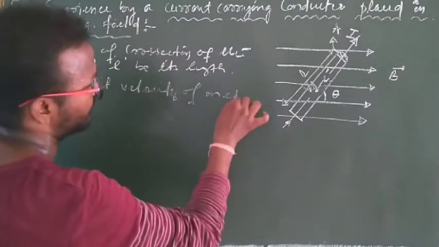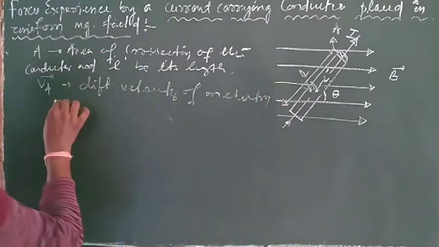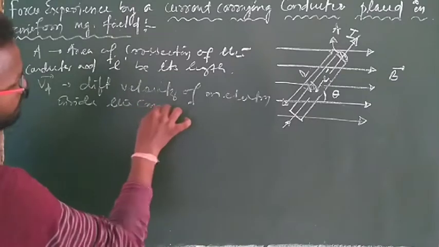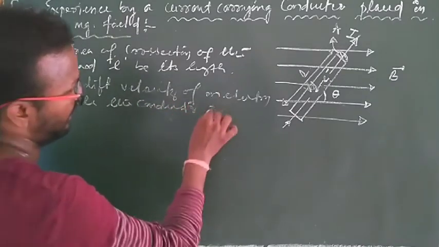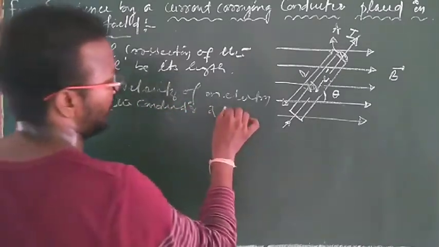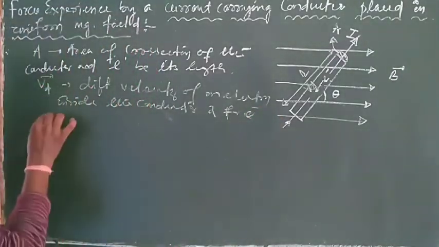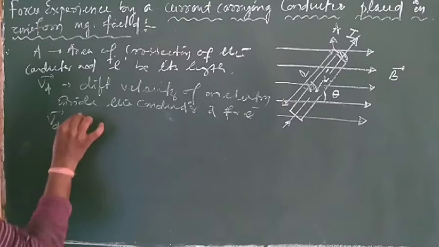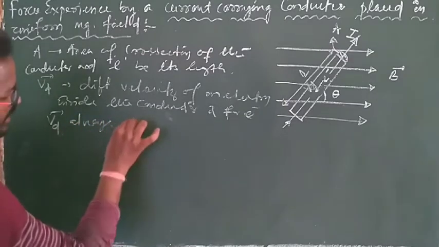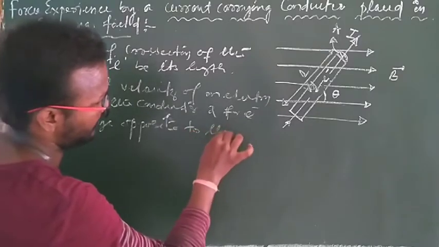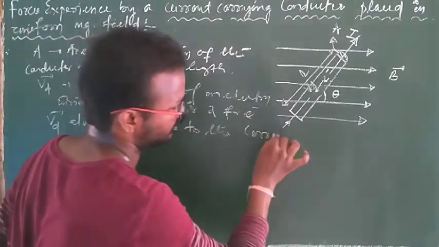Vd means drift velocity of an electron inside the conductor, and for electron, drift velocity is always opposite to the current.